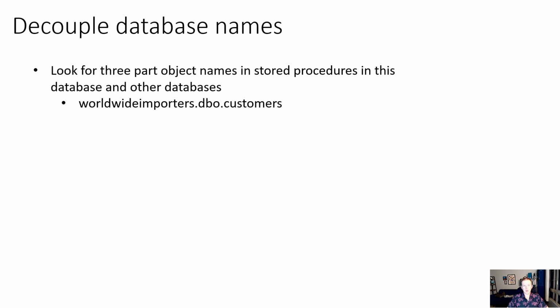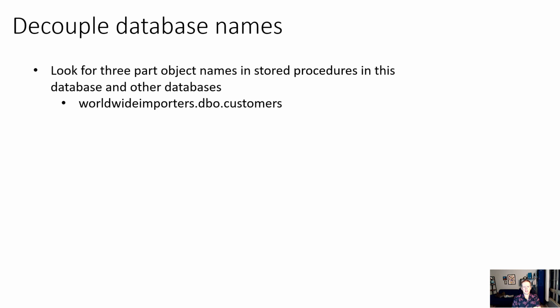So you won't have the ability to use these three-part names. But now it's not exactly true. You can use these names if you're going to a VM, right? And you can use three-part names if you're going to an Azure SQL Database managed instance. But you can't use them if you're going to Azure SQL Database.